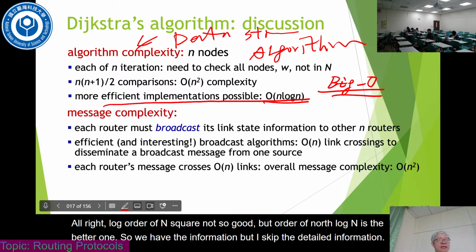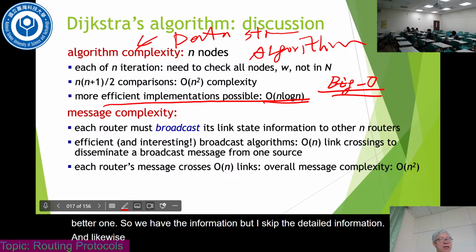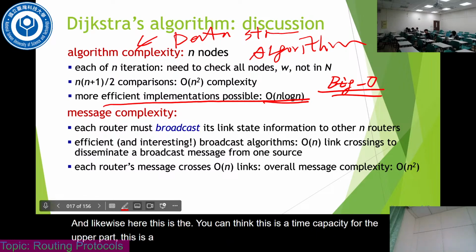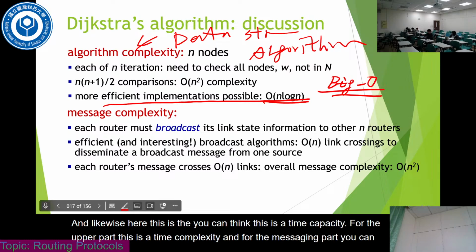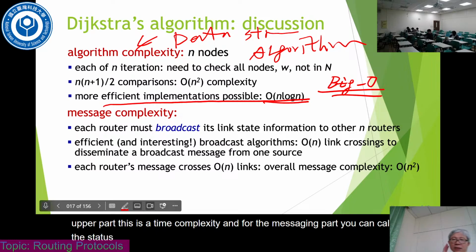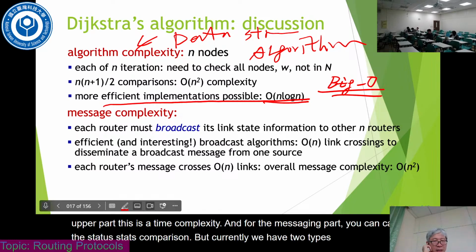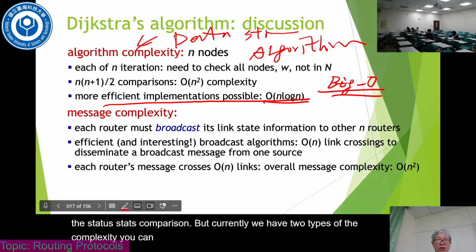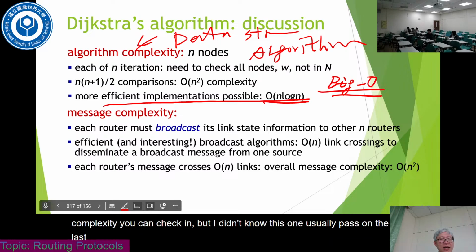This is the time complexity for the upper part, and for the message part, you can call it the space complexity. We have two types of complexity. You can check them based on the data structure or algorithm.